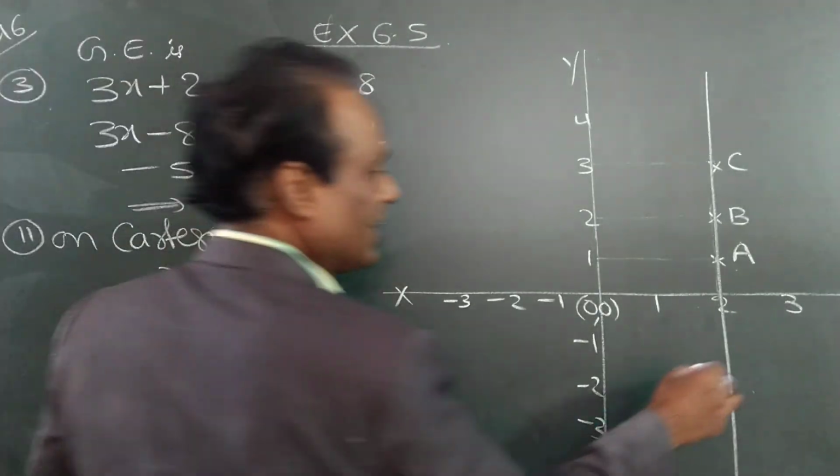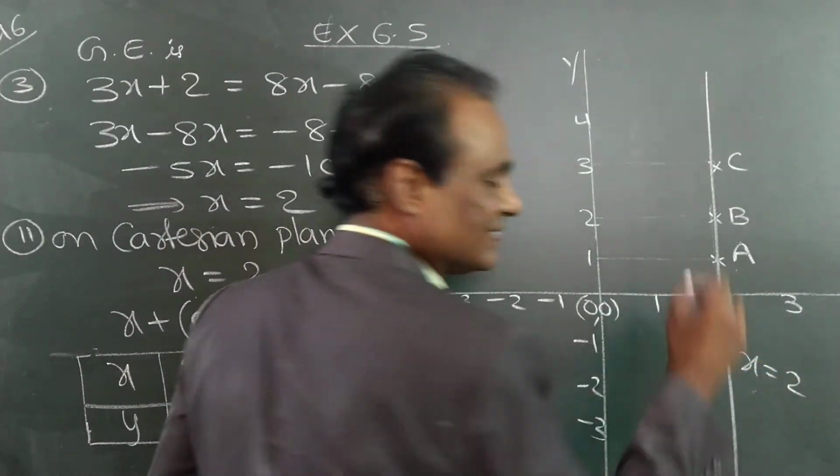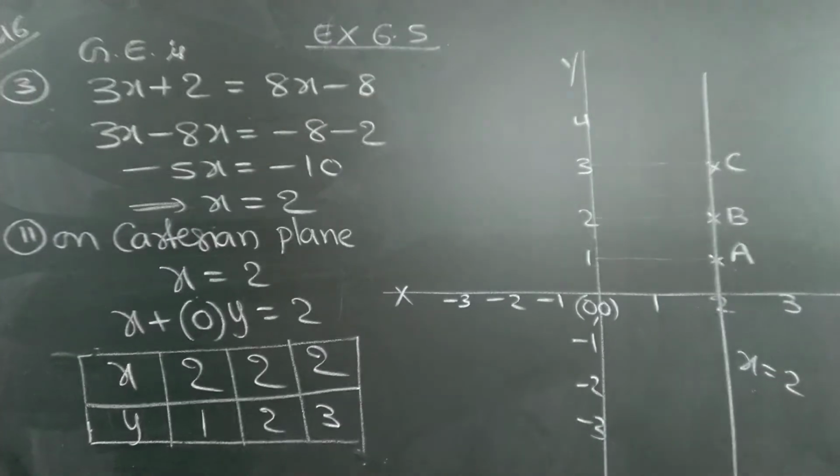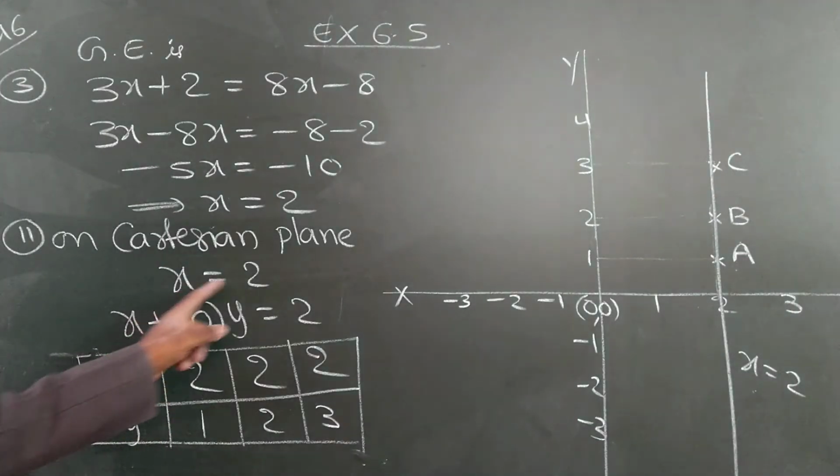What is the line? X is equal to 2 line. That is the line.